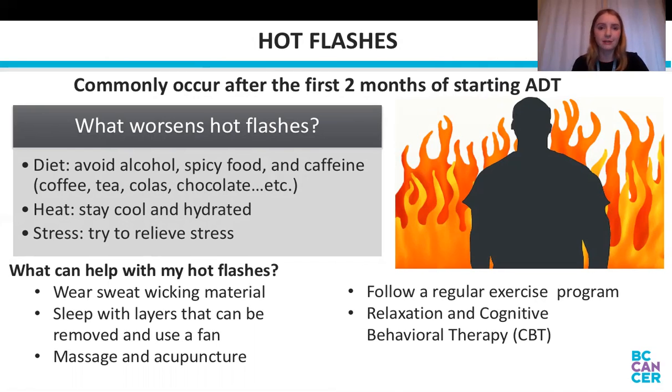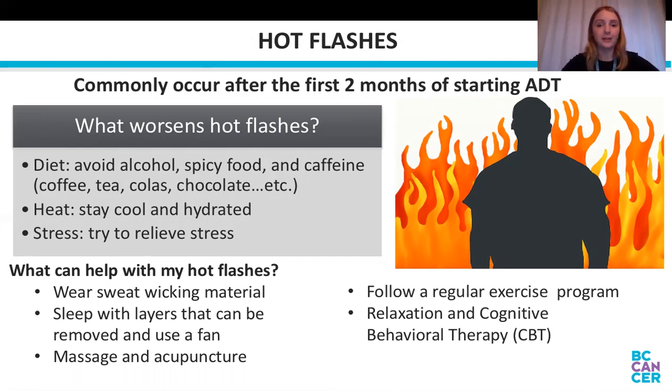Regular exercise can really help. Sleeping with light layers and using a fan, drinking lots of fluids and staying hydrated is important.